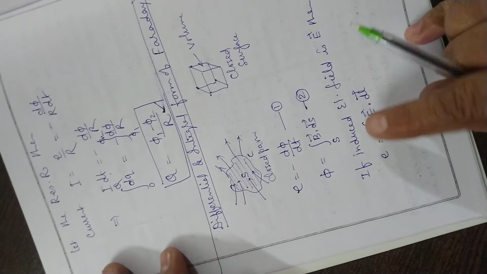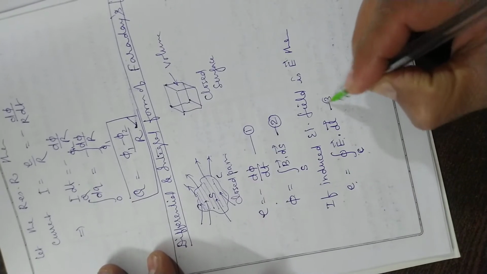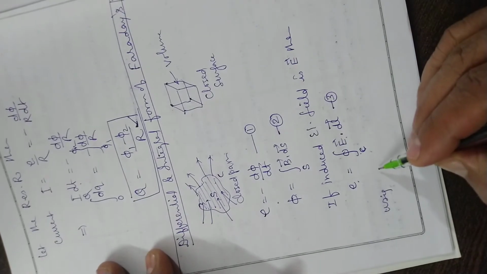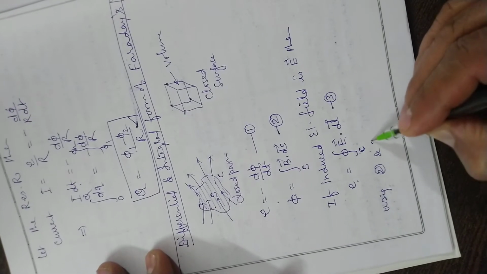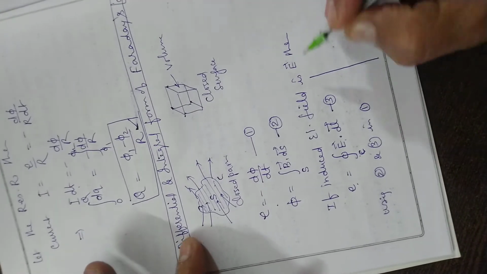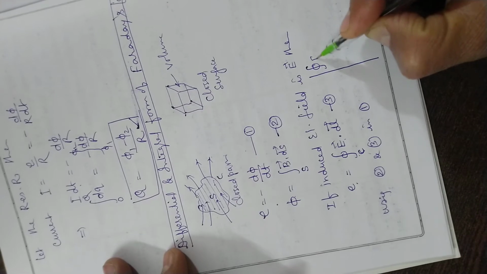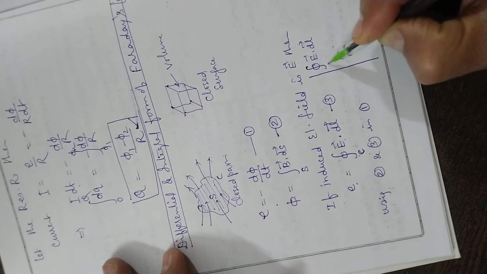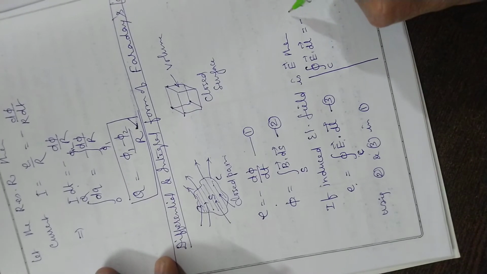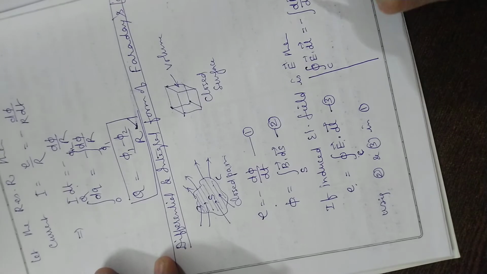Now I put these values for E as well as for phi in the first equation, using the first, second and third equations. In the first I shall get, I'm writing it here, the integration of E dot dl over the closed path is equal to minus the integration of dB by dt dot dS.